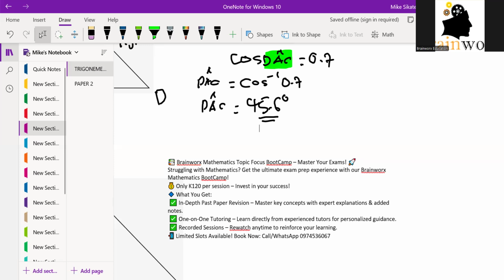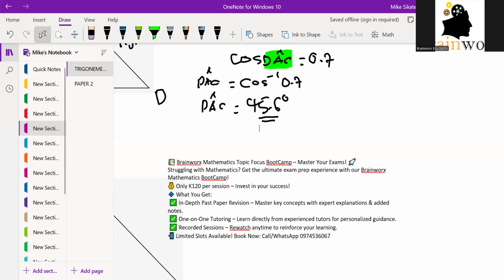At the end of the day, you're going to have access to your own personalized recorded session, because you have to take charge of your own education. You're not going to rely on a group setting. Make sure you understand the concepts first by yourself, and then you use something called the Feynman technique.